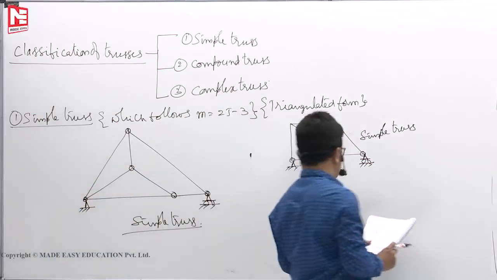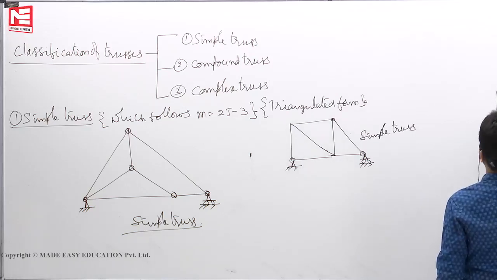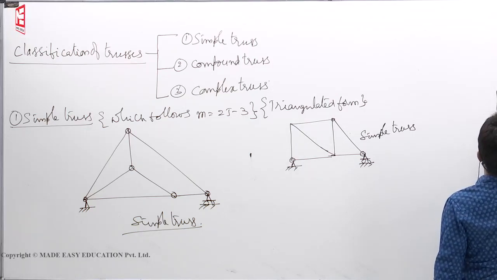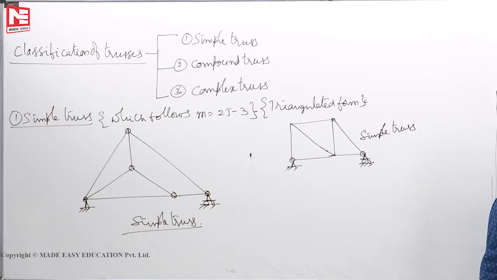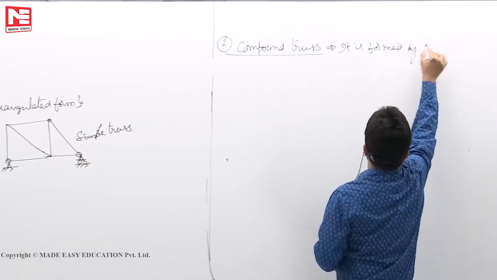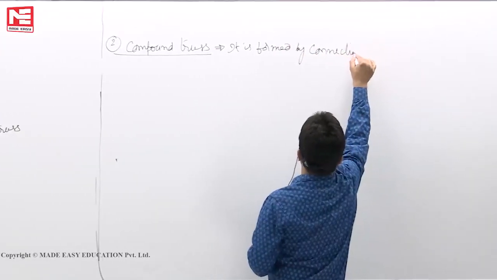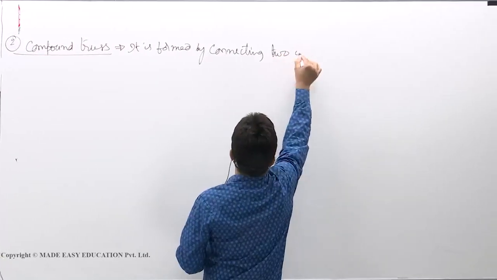Next, compound truss. Second classification is compound truss. It is formed by connecting two or more simple trusses.